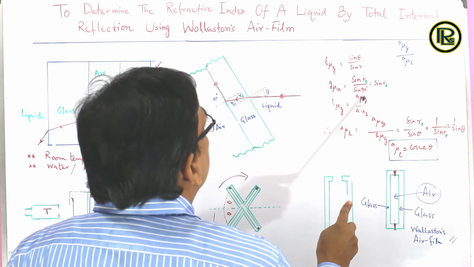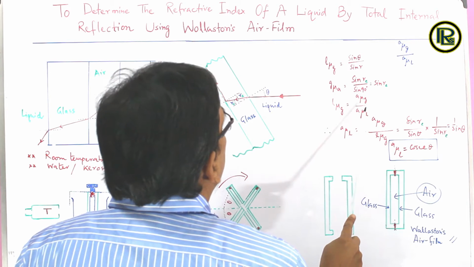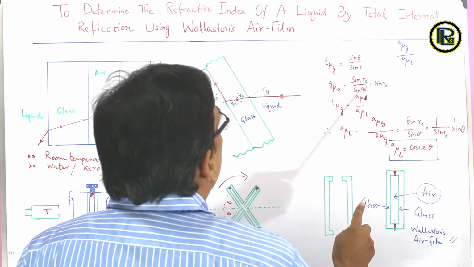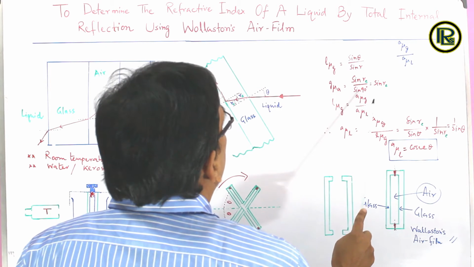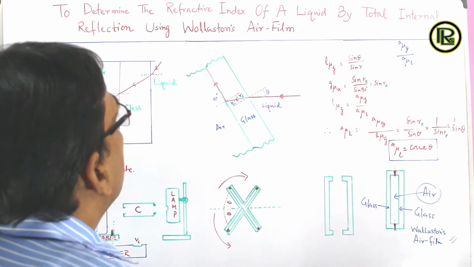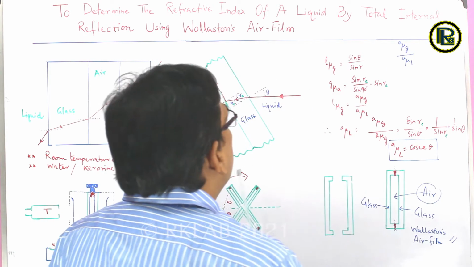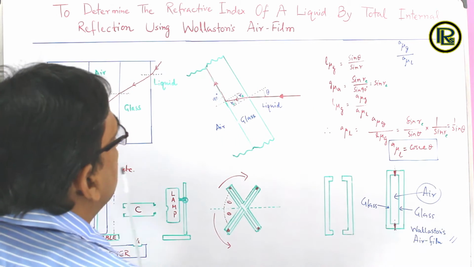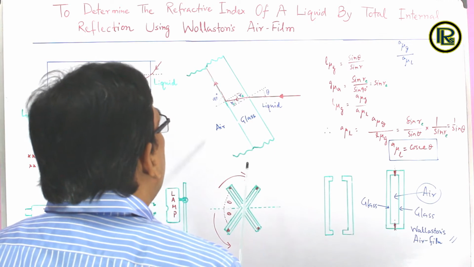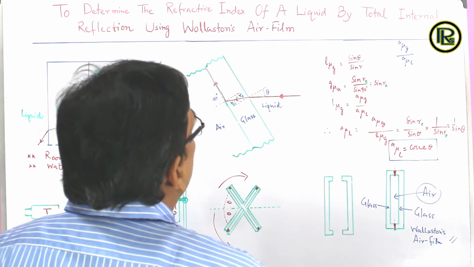That is, the absolute refractive index of glass divided by the absolute refractive index of liquid. Therefore, what do we want to measure here? We want to measure the refractive index of the liquid. So this is the absolute refractive index of the liquid. That means A mu L we have to determine.